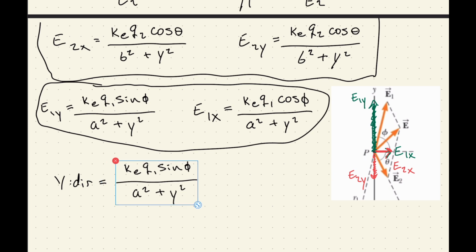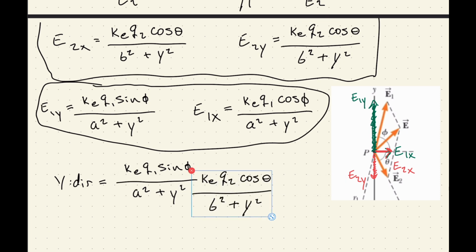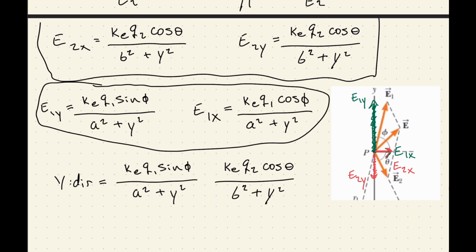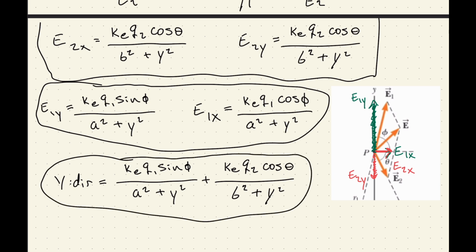Paste. Boom. I'm going to put a plus sign here. Actually, let's take the other, E2y, this one. Copy that. Paste that there. Combine these two like that. That is the component of our y direction.